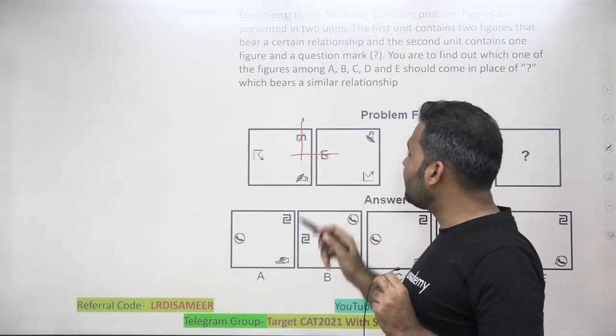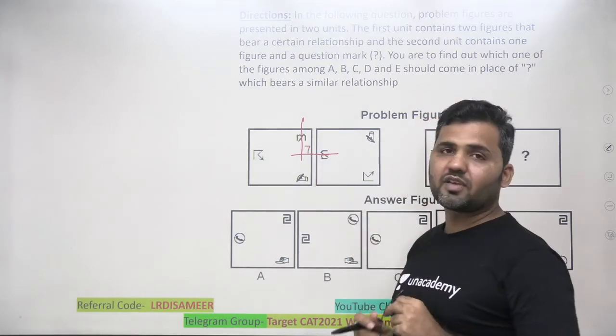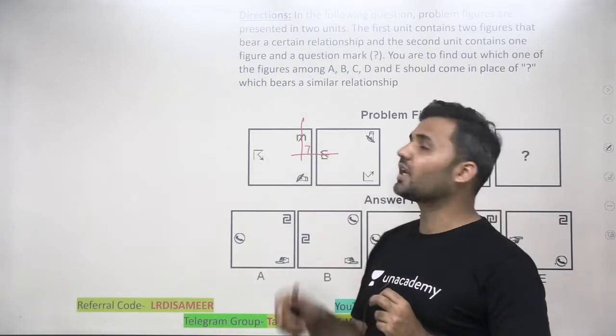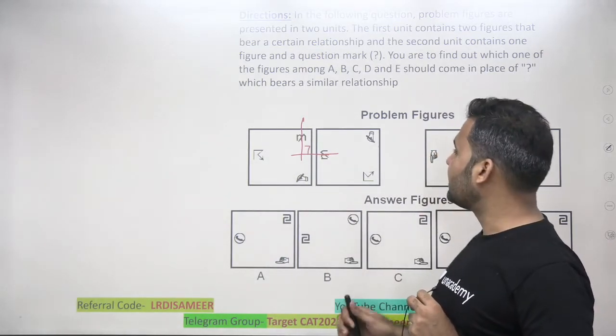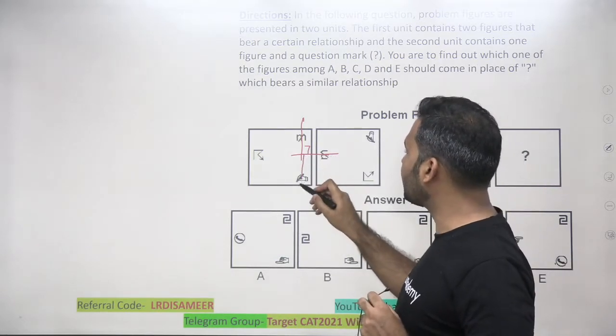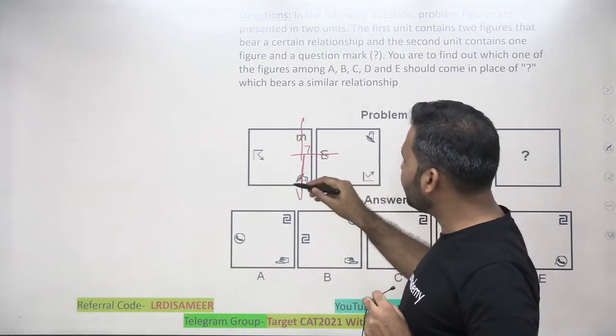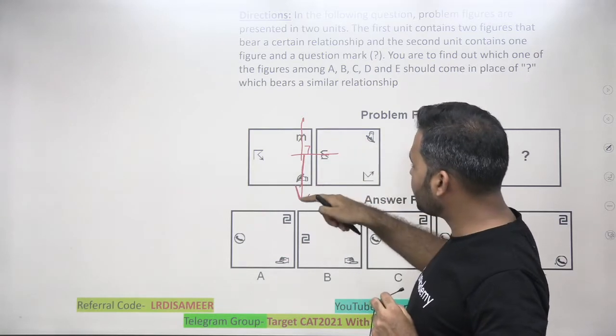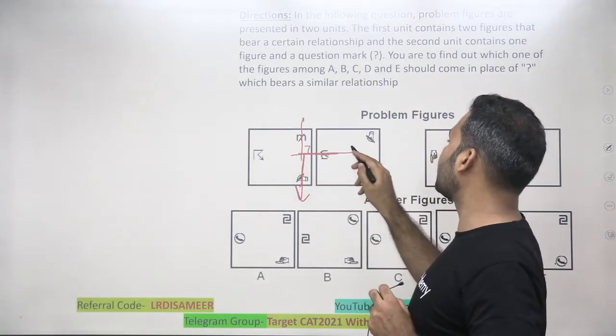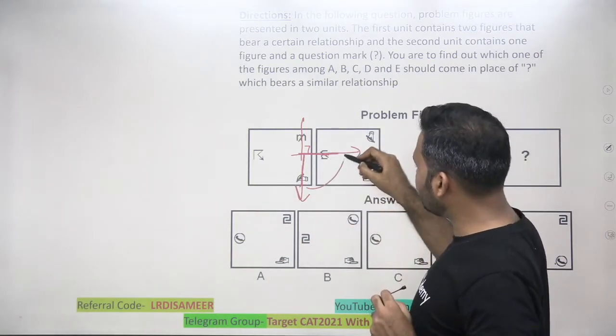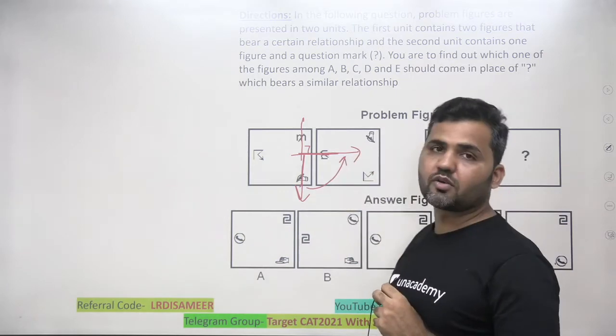Then you see that the angle between these two is 90 degrees. So this is a rotation of 90 degrees for sure. And because this line was going in this direction, and now this line is going in this direction, this is a 90-degree anti-clockwise rotation.